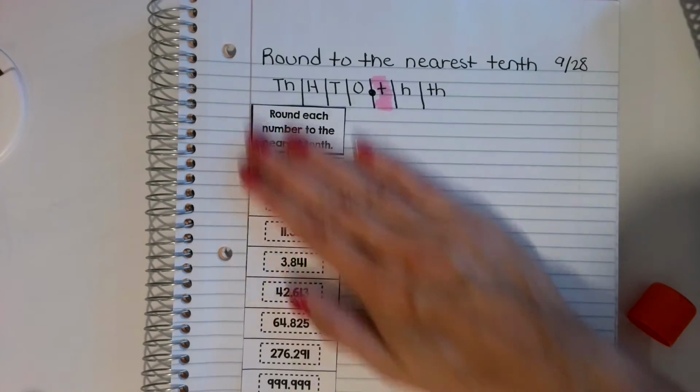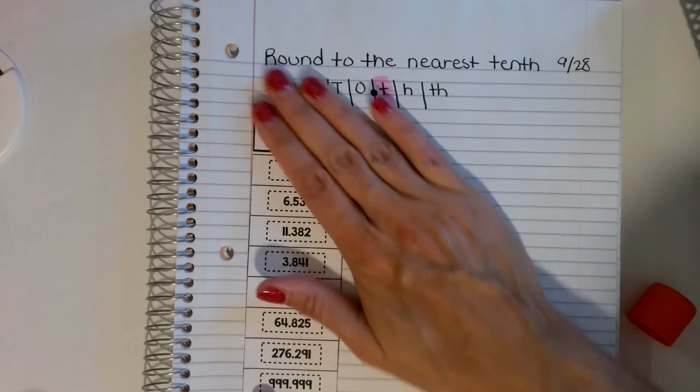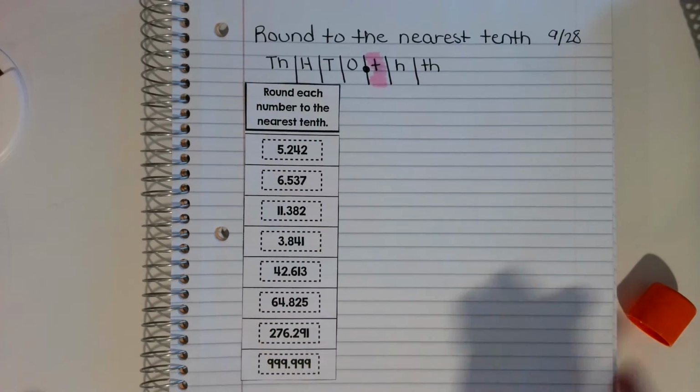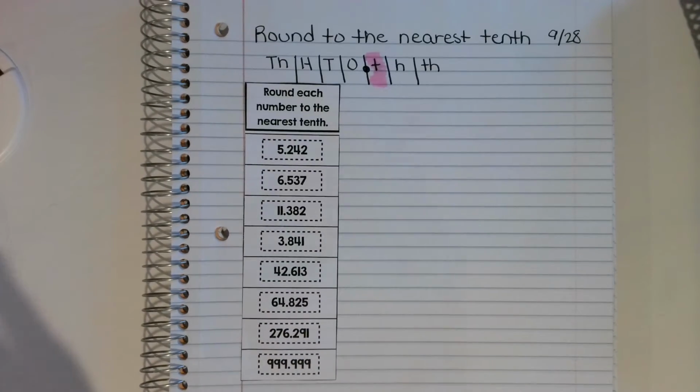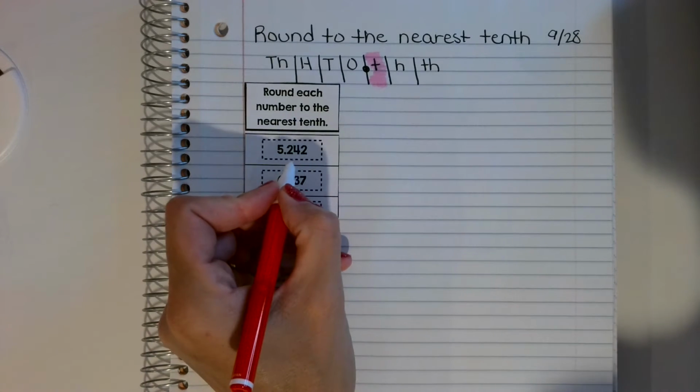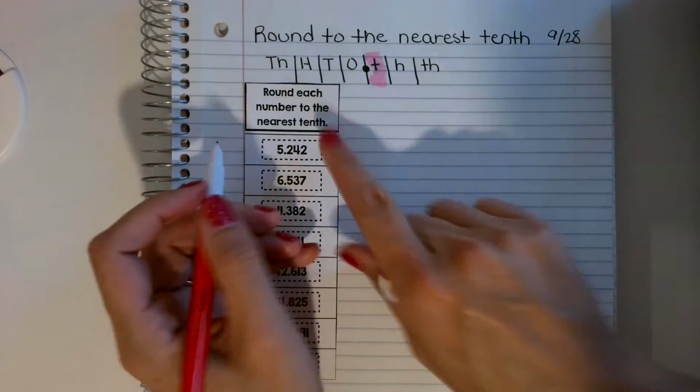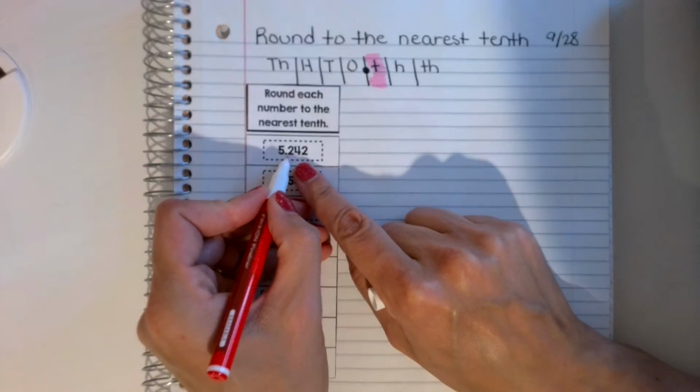So the first thing I'm going to do is I'm going to go and underline all the tenths. This will also help you remember your places too. So I'm going to underline them in red, just so I can see them good. Okay, round to the nearest tenth. So if I look at my place value chart, here's my decimal.